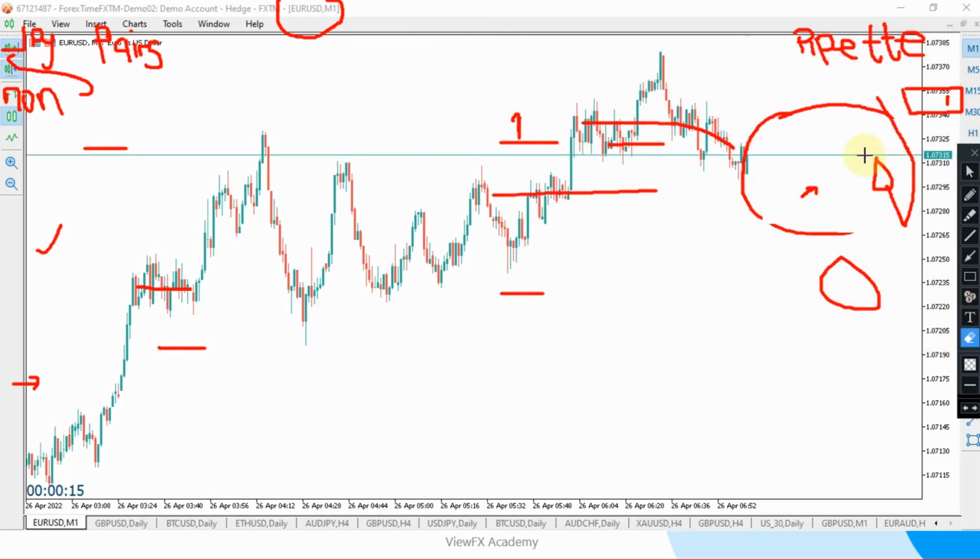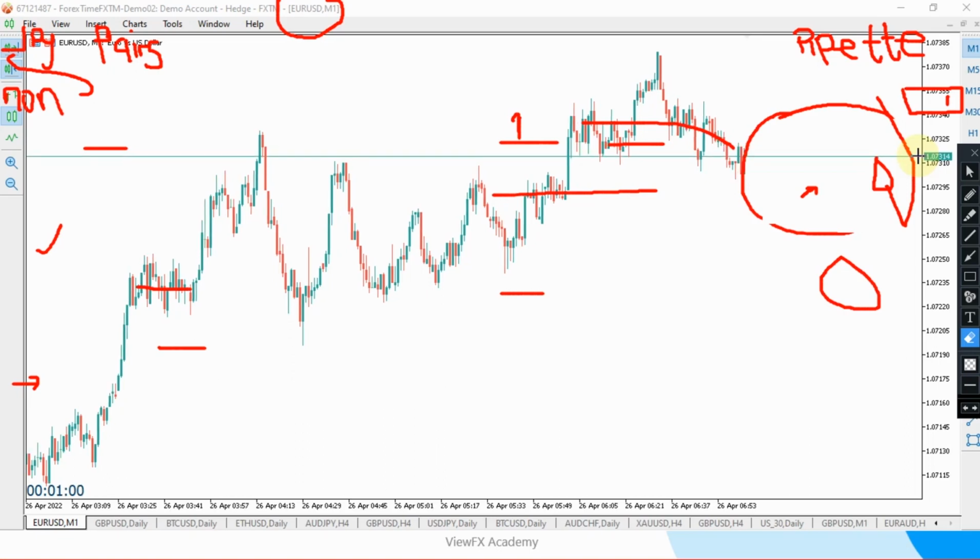This line continues to move. You can see the numbers are always changing, meaning the euro will continue to appreciate or depreciate against the US dollar. It is never constant, it keeps moving. So as it keeps moving, the value changes.